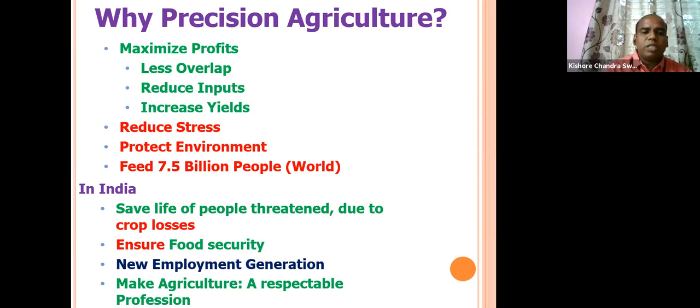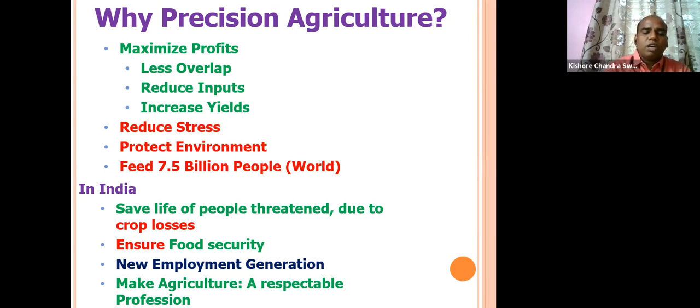And sometimes we have this custom hiring system. Some entrepreneurs come up with systems where they provide the machineries to the farmers, which can generate new employment. And as I told you, we should make agriculture a respectable profession.